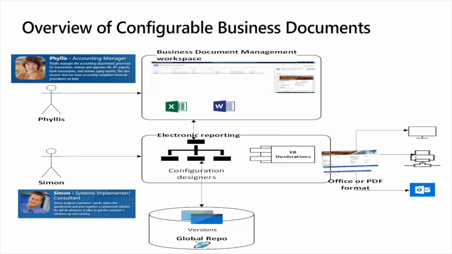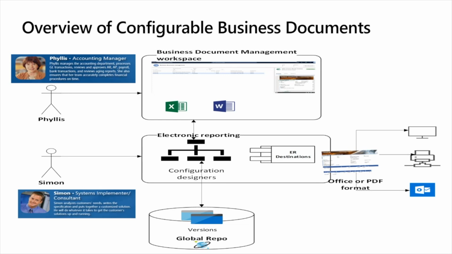At the same time, everything which she does is available in electronic reporting. Behind the scenes, we create all the versioning, all the things which Simon can do as well. So Simon, in his user interface, can also create all those documents, and Nikolay will also do a demo where he will show how Simon and Phyllis can work together to achieve a business scenario.